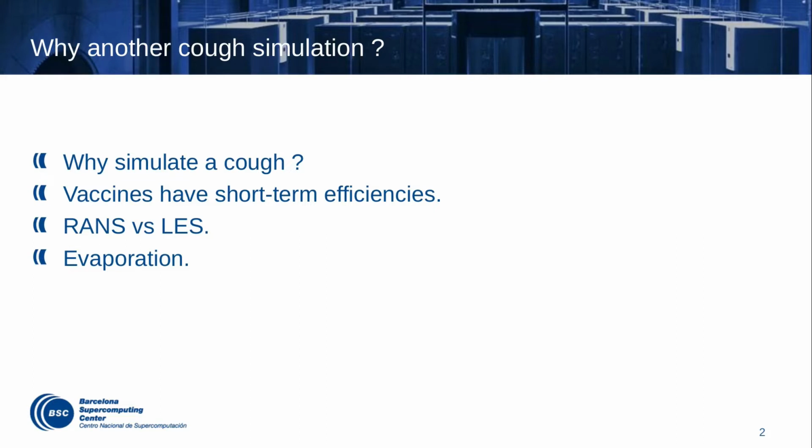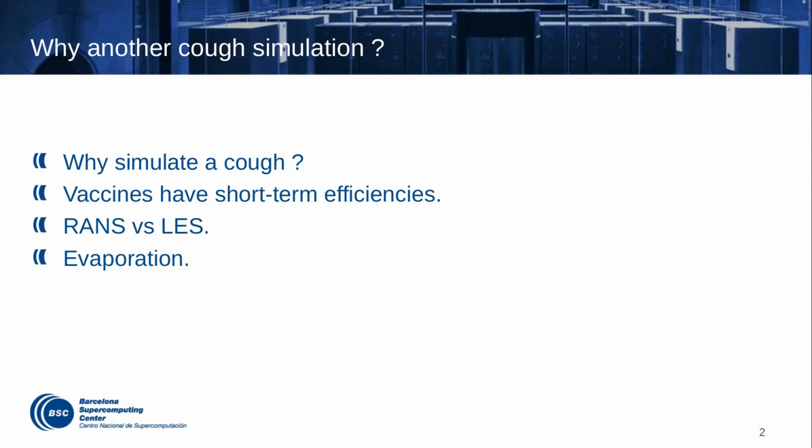Vaccines have short-term efficiency against the early variant of COVID-19. Therefore, it's crucial to assess the risks of disease transmission and also be able to characterize the transport of respiratory pathogens.